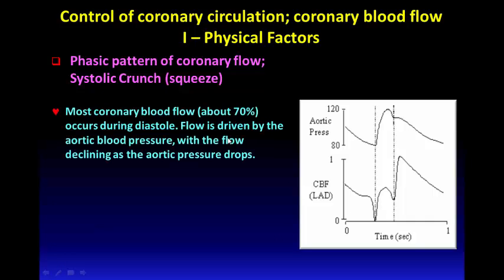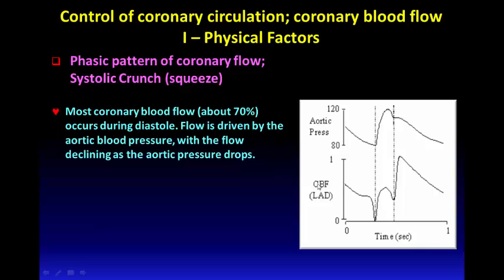It is thus evident that there is a phasic pattern of coronary blood flow with much reduced flow during systole, and this is what is physiologically known as the systolic crunch, where the coronary blood vessels are squeezed during systole.